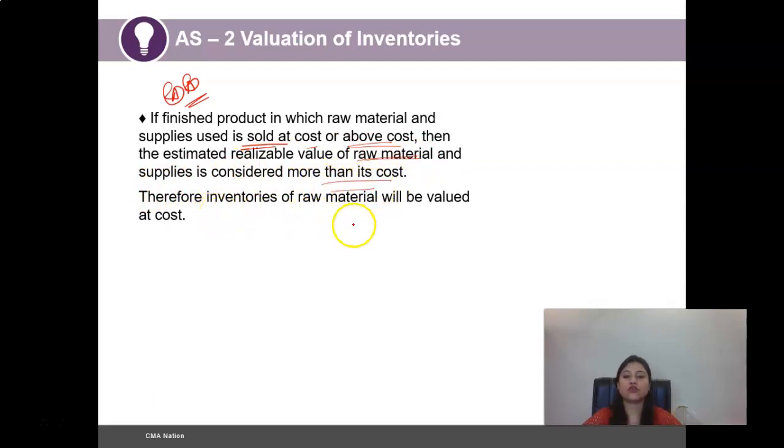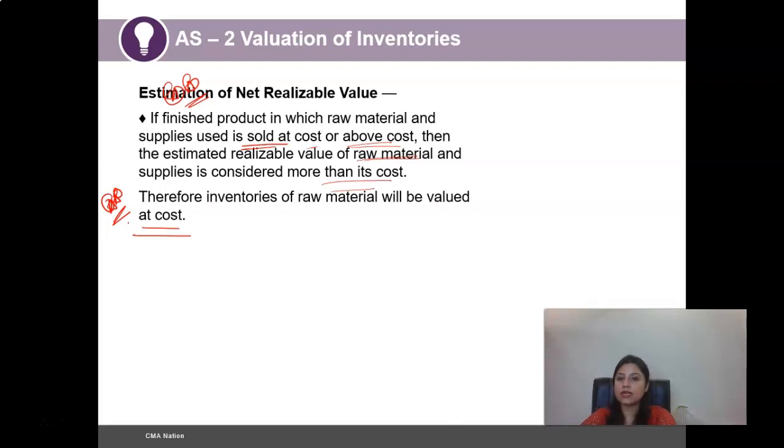Therefore, inventories of raw materials will be thus valued at cost in this particular scenario. So in that case, what will happen is that the inventories of raw material will be valued at cost, right? So this is an important point of AS2, valuation of inventories.